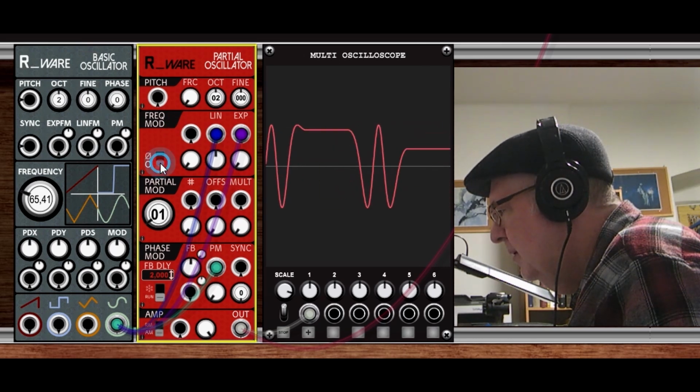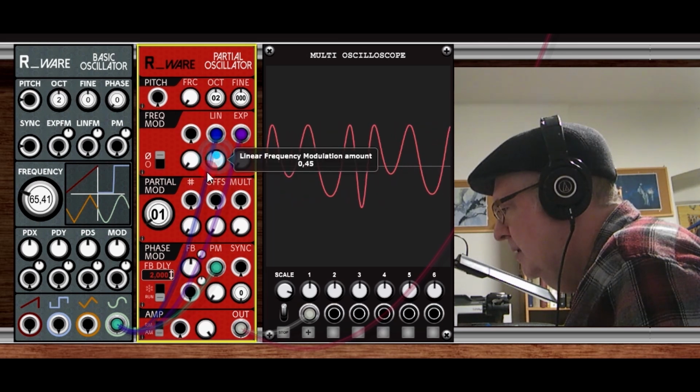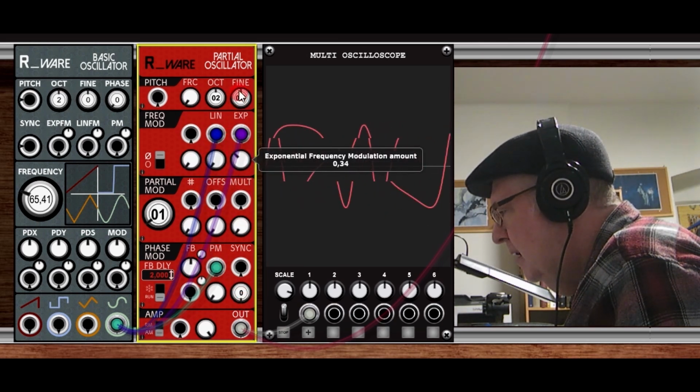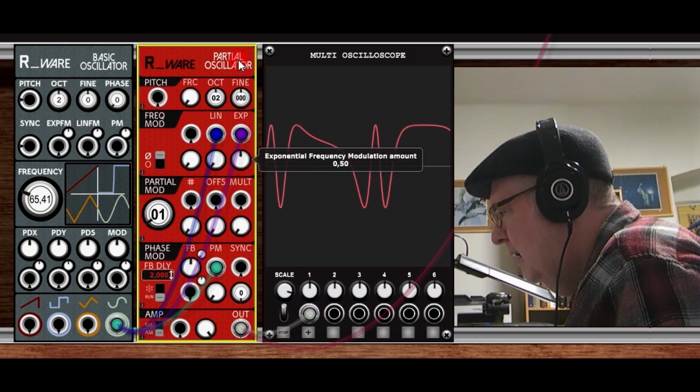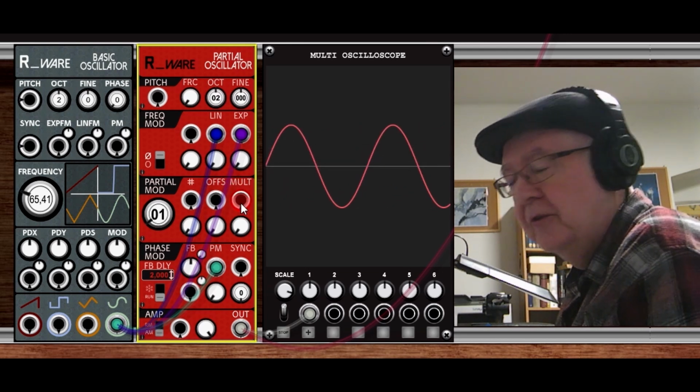Through 0. And exponential. And 100% modulation strength now.